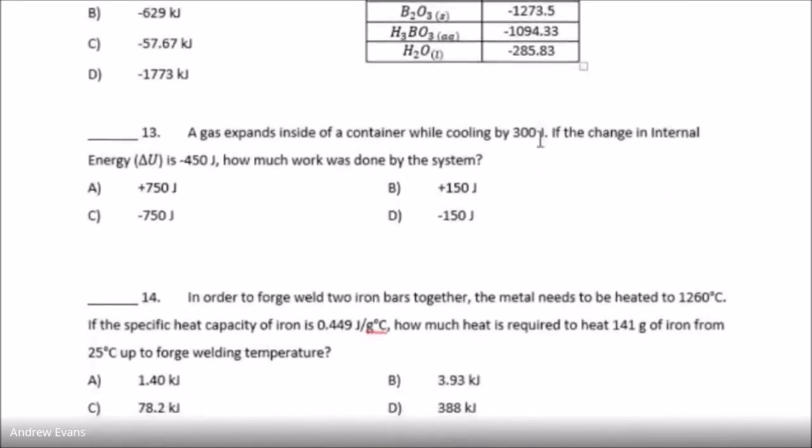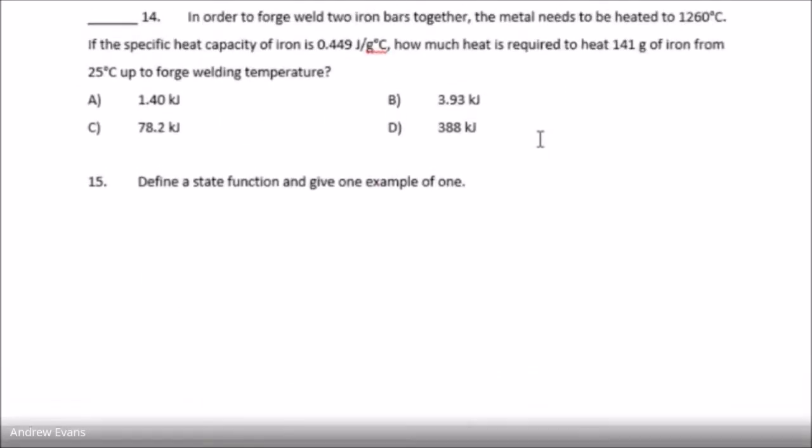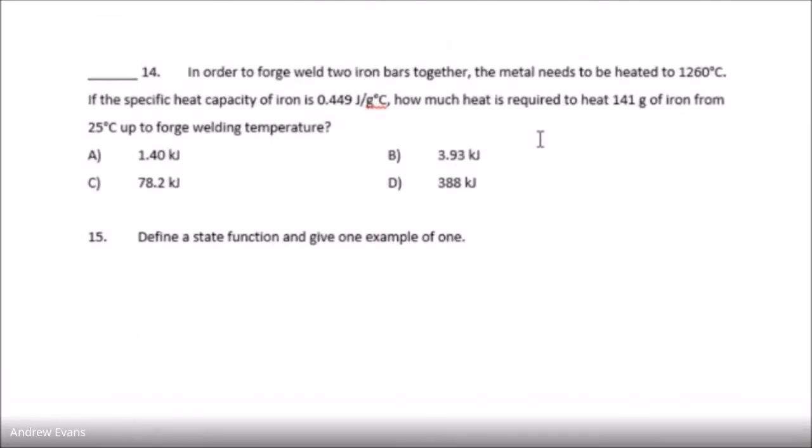Now, obviously we're not going to finish all this today. We'll go ahead and do one more problem and continue on this on Monday. Maybe a second problem if we can get through 15. In order to forge weld 2 iron bars together, the metal needs to be heated to 1260 Celsius.